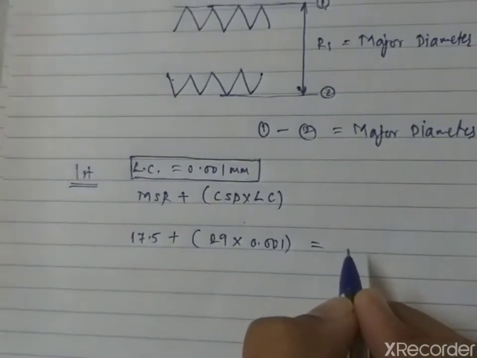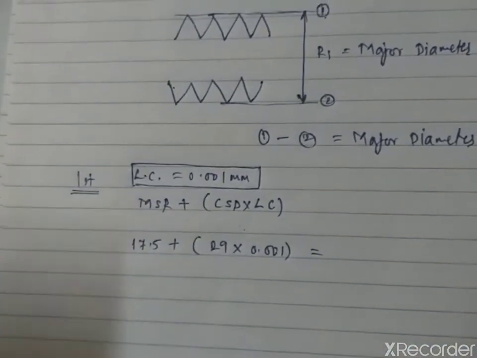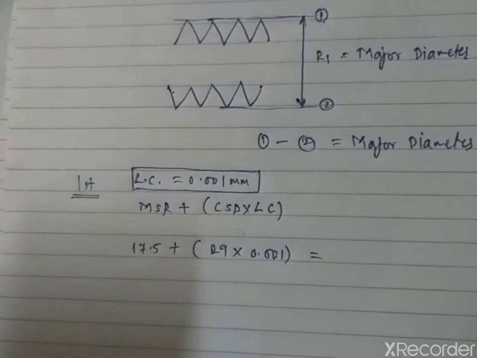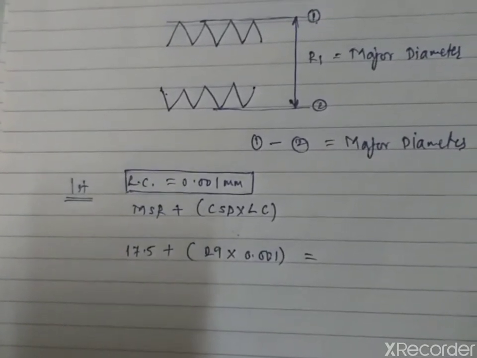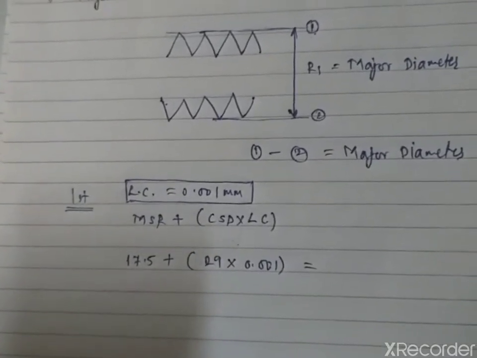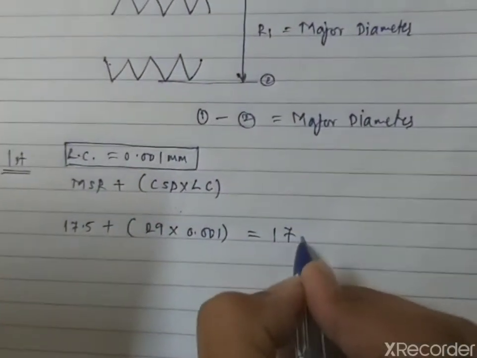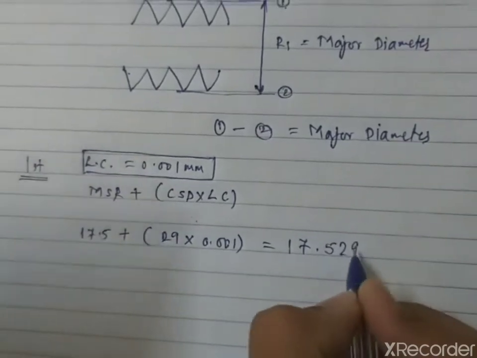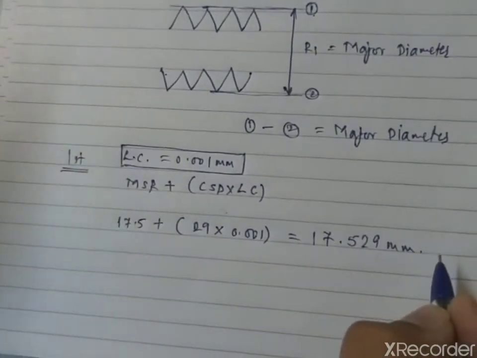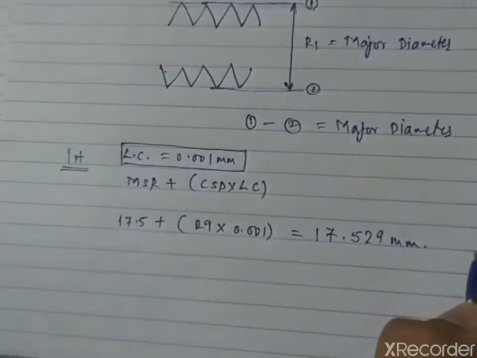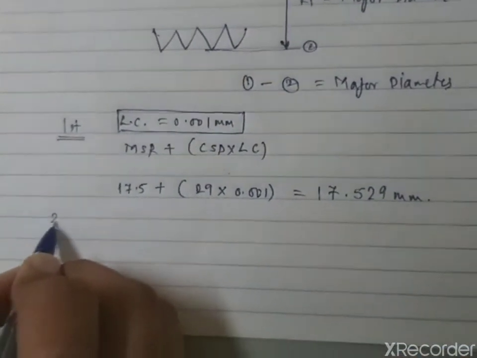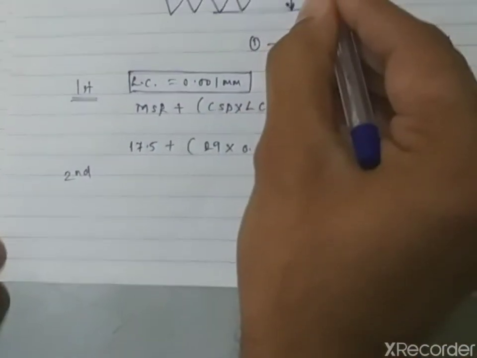So the total reading will be equal to 29 into 0.001 plus 17.5. So it will be equal to 17.529 millimeter.